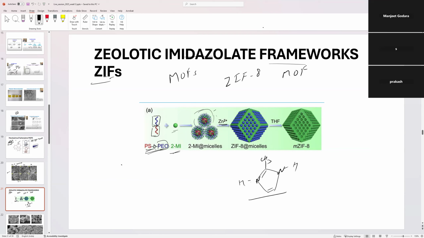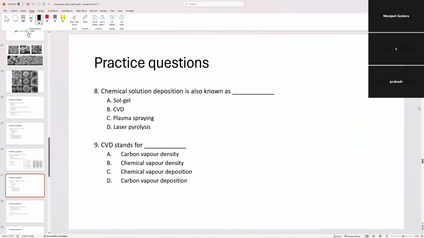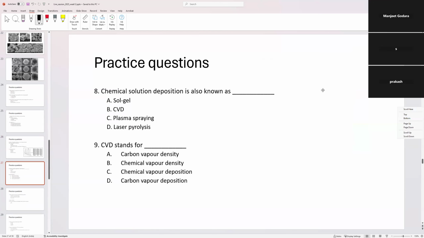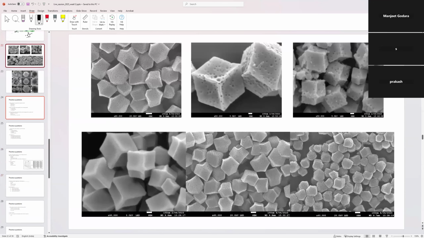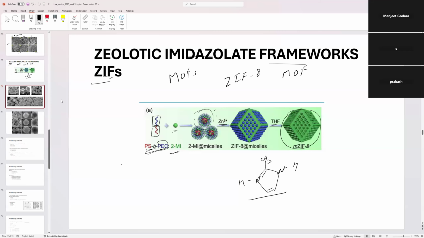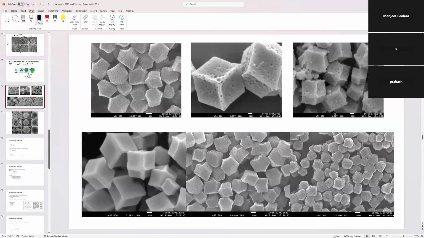The MOF grows around these micelles. And when we remove them with THF, you get this porous structure. So we get this nice porous structure. You see all the pores from the micelles which we removed.